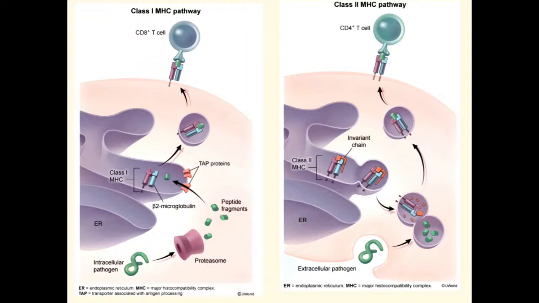For comparison, the MHC type 1 pathway mostly involves intracellular pathogens and cytosolic antigens, while MHC2 presents to CD4 cells the extracellular pathogens like many bacteria, and this is another pathway.